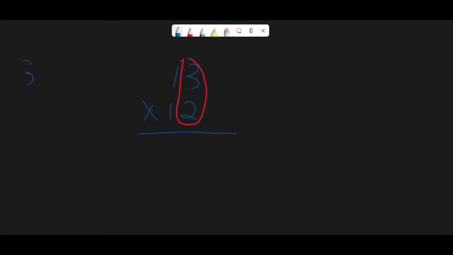I'm going to do 3 times 2, which equals 6. So we're going to put the 6 down below, and we'll move on to the next column. So 1 times 2 equals 2. So again, we'll place that down below.